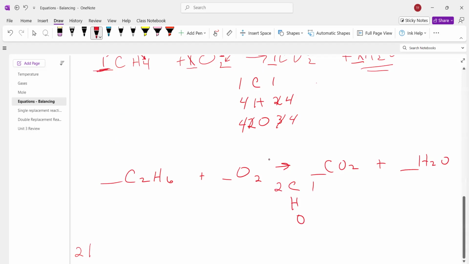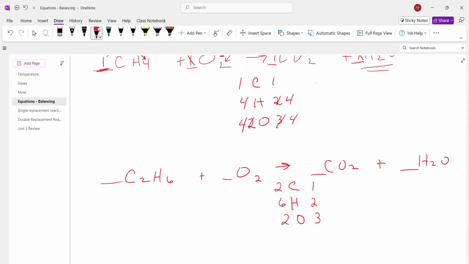Immediately we have a problem. 6 hydrogens on the left, 2 on the right. 2 oxygens on the left, 3 on the right. So this is all messed up. What are we going to do to fix it?